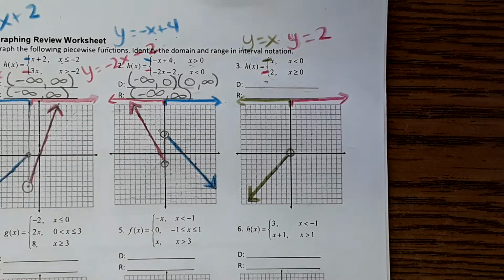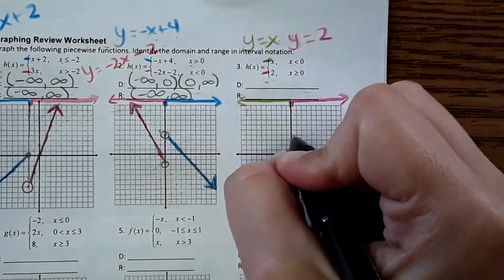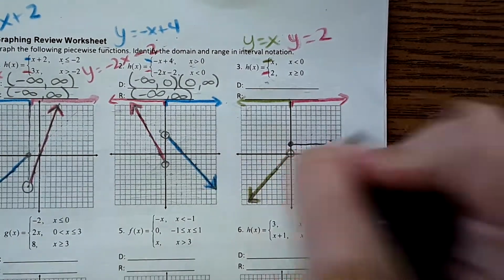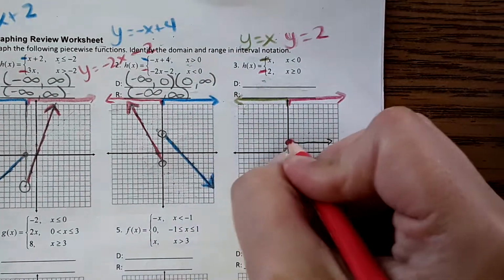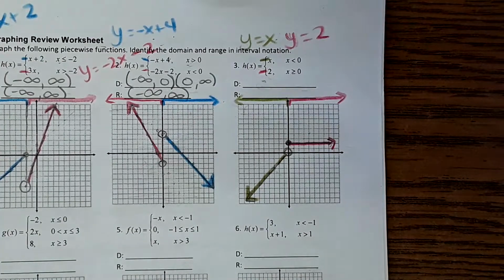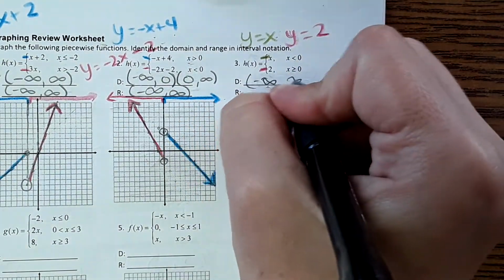And then for red, y equals 2, close dot on 0, close dot, y equals 2, like this. Okay. Then domain, negative infinity to infinity and beyond.